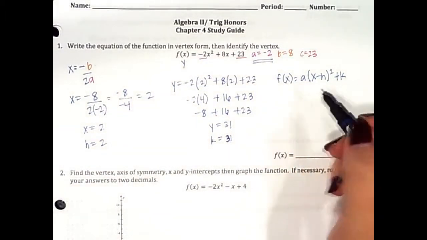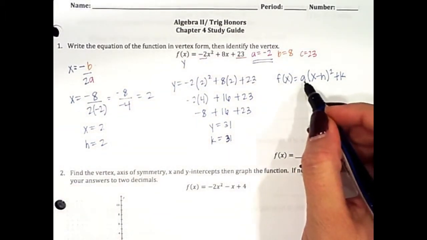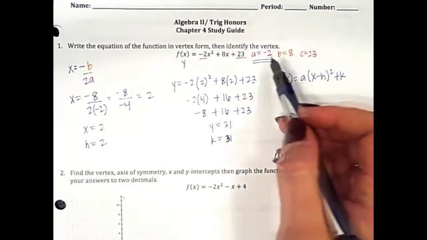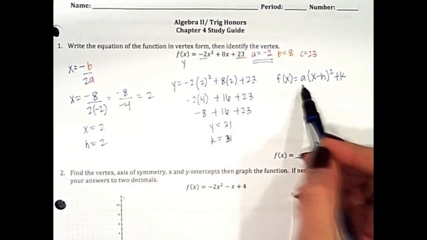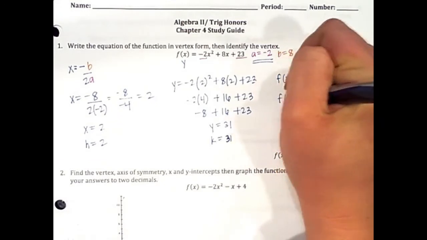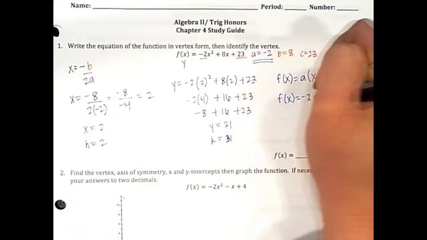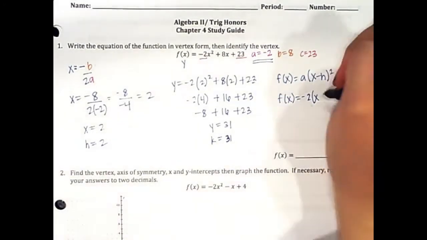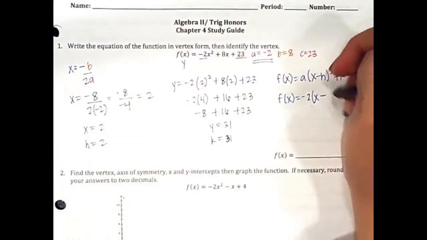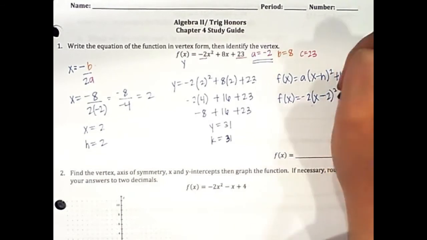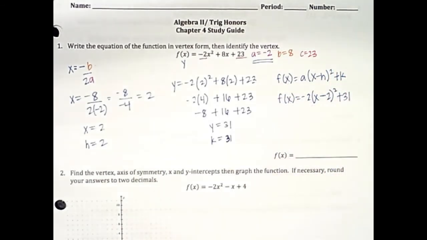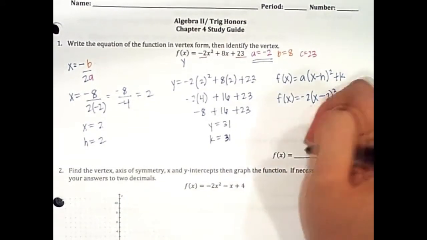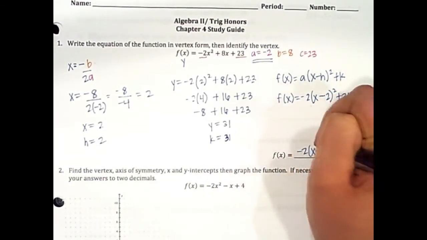So into our equation, we're going to plug in a, which we already found. So this a value is going to be the same a value here. So -2, x stays put, minus my h value, which is 2 squared, plus 31. And so that's my equation, that's my answer.